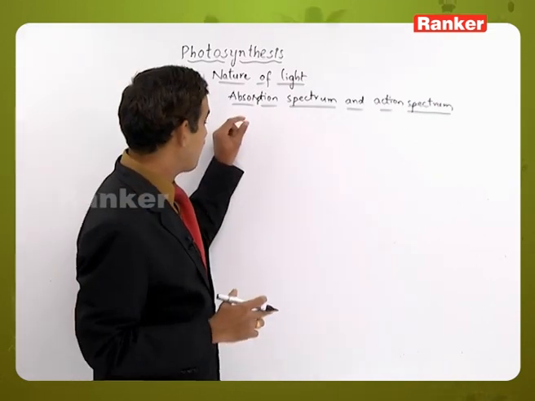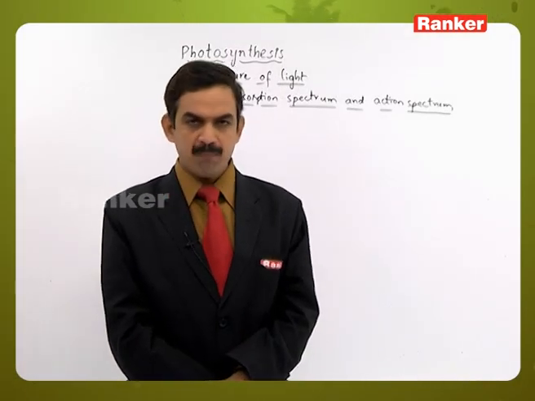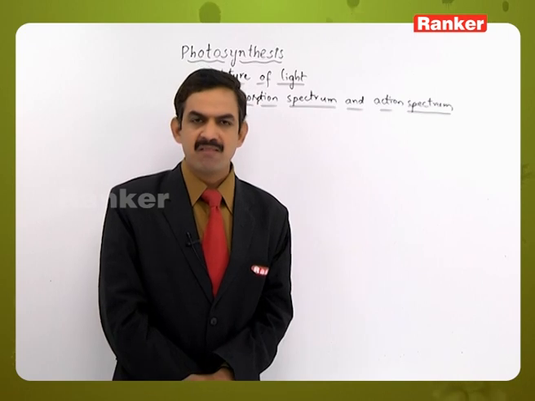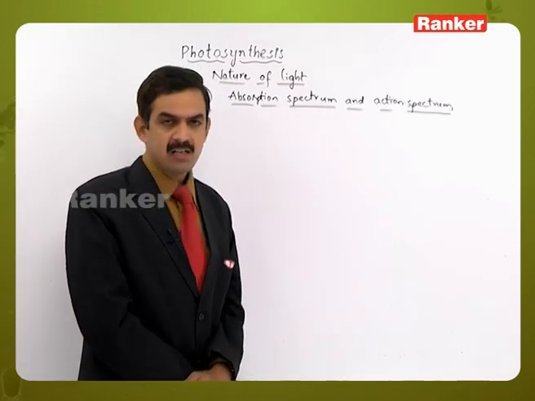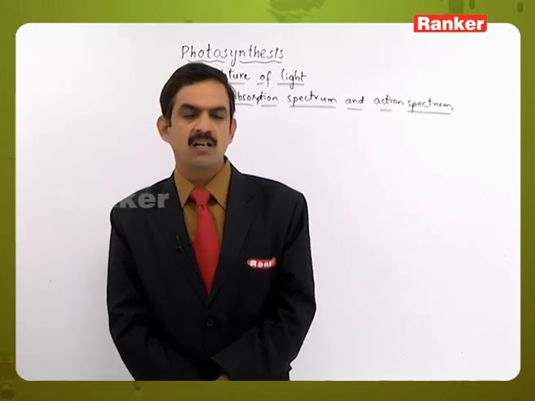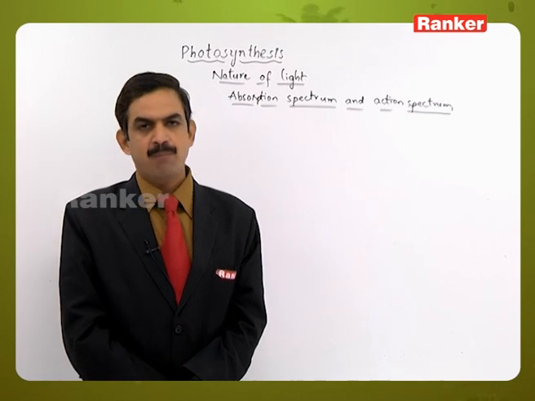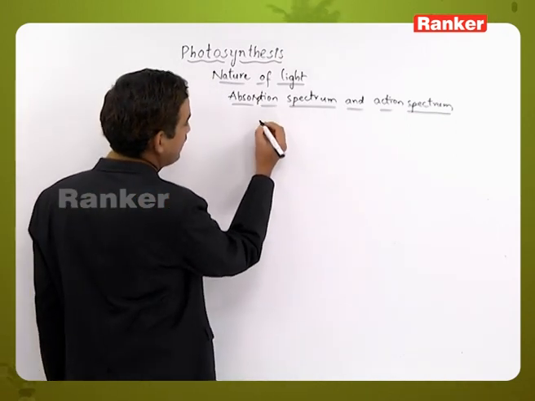The graph which shows the ability of different photosynthetic pigments at different wavelengths of light is called an absorption spectrum. It is directly proportional to the rate of photosynthesis performed by that plant at that particular radiation of light.